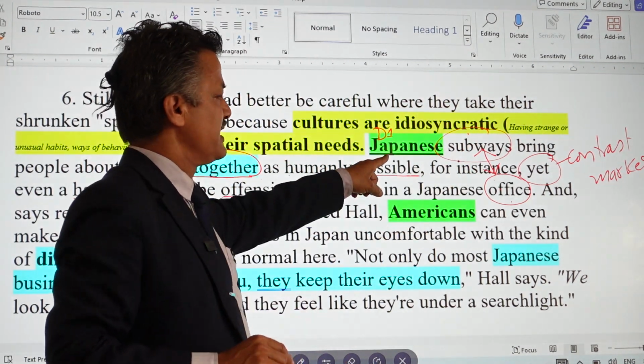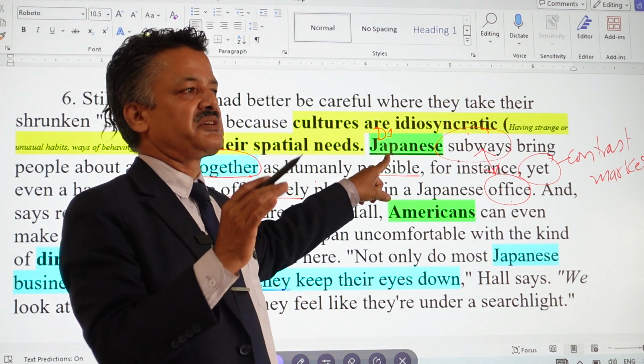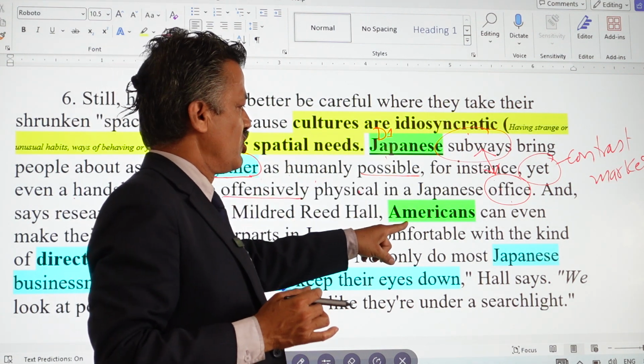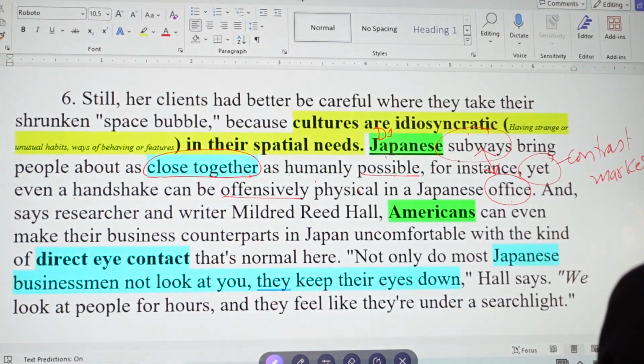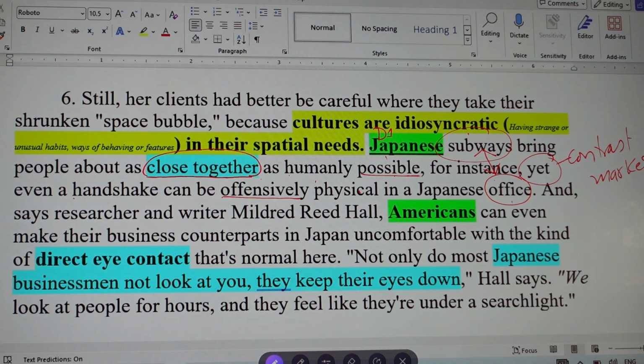If you see a Japanese in the subway and you see that he tolerates being touched, and you go to office and you touch him in the office, he might slap you. If you press them in the subway, they didn't mind. You go to office and in the chair you sit, you again brush against her, then she will punish you. Because the behavior in the subway is not the same as in the office.